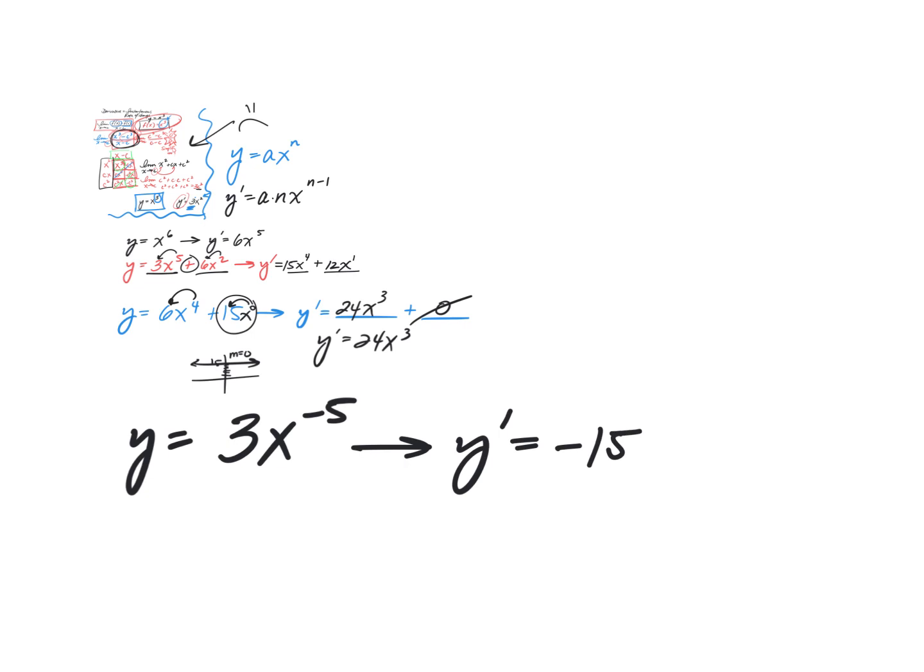So what a lot of people will tell me the answer is x to the negative 4th. And that is a big fat no-no. And here's the reason. Every single time we do this, we bring the power down, we multiply, and we subtract 1. And negative 5 minus 1 is negative 6. All right, so that would be your final derivative.